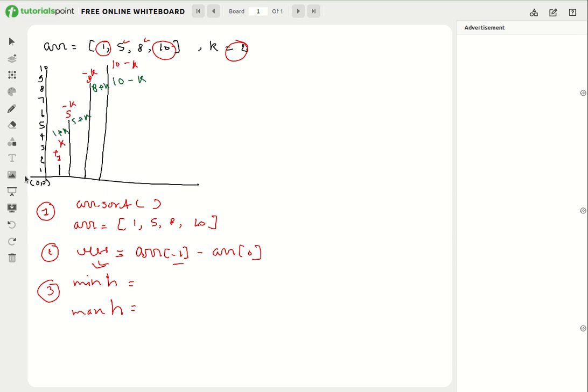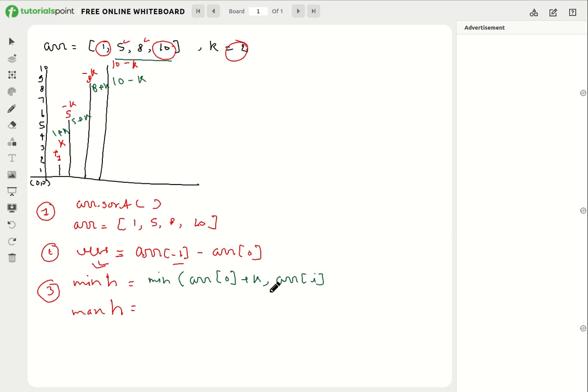Okay, so for this one we have a minimum function, and we can take the height, like this array height, first plus k, and subtracting the array of i, that means these three numbers, right?